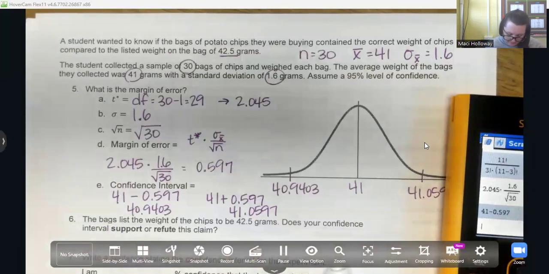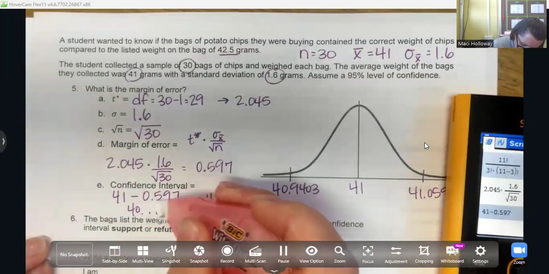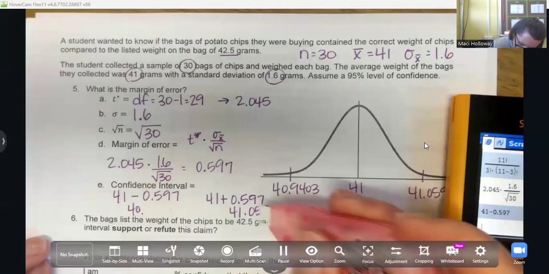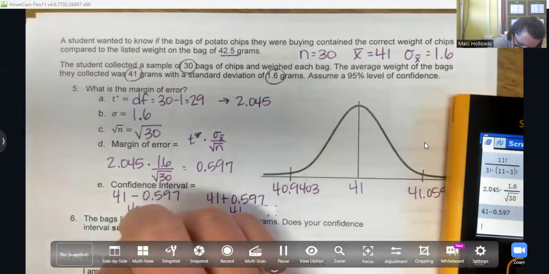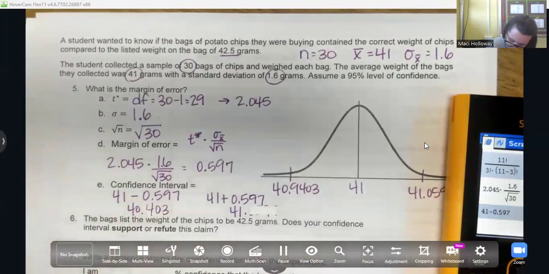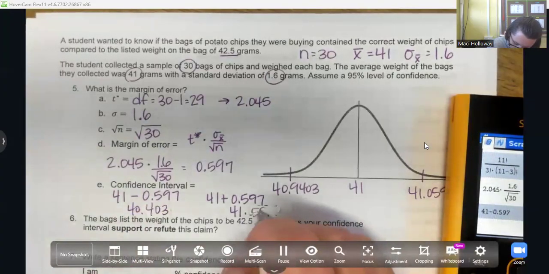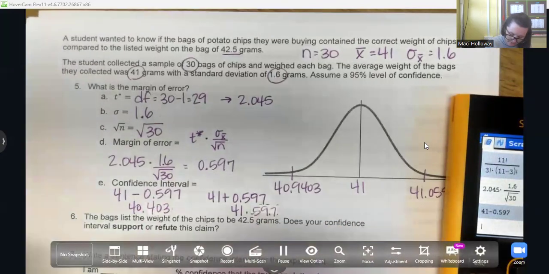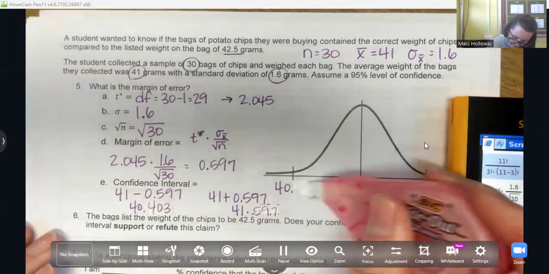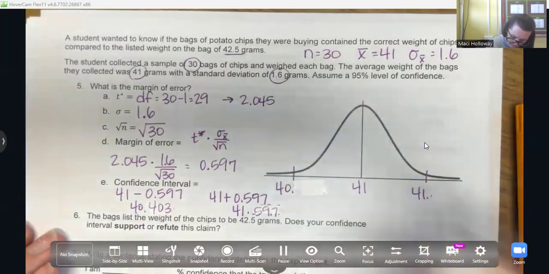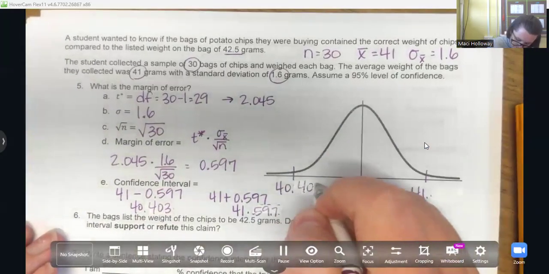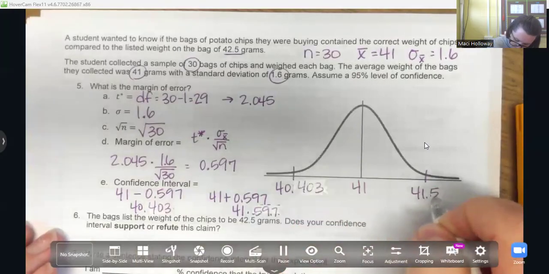Well, isn't this dandy? All right, so let me adjust. Okay, the lower bound is 40.403, and this one is 41.597. Sorry about that, I had an extra number in there. It's okay to make mistakes, right? Just catch it.